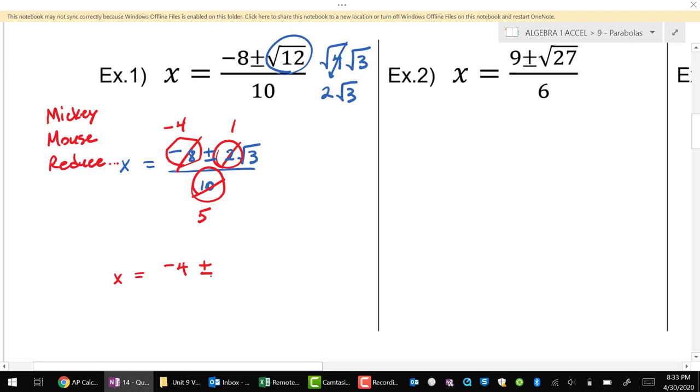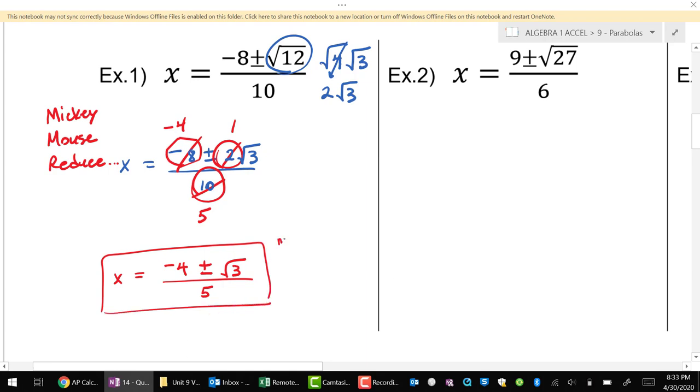Instead of 2 root 3, it's just 1 root 3. I don't need to write the 1. It's implied to be in front of a radical with no coefficient. And then all that divided by 5. That would be the simplified final answer for the problem.